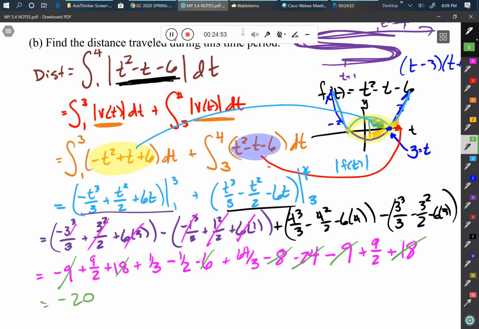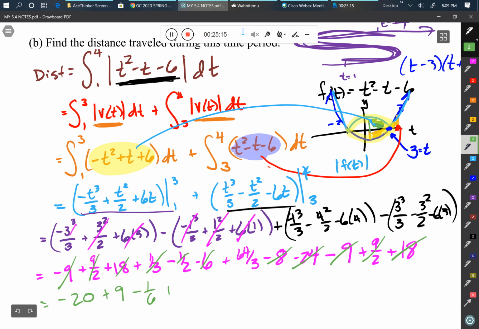Right? Let's see, I got a 9 halves, a 1/3, a negative 1/2, a 64/3, and another 9 halves. Well, a 9/2 and a 9/2 is 9. A 1/3 minus 1/2 is a negative 1/6.